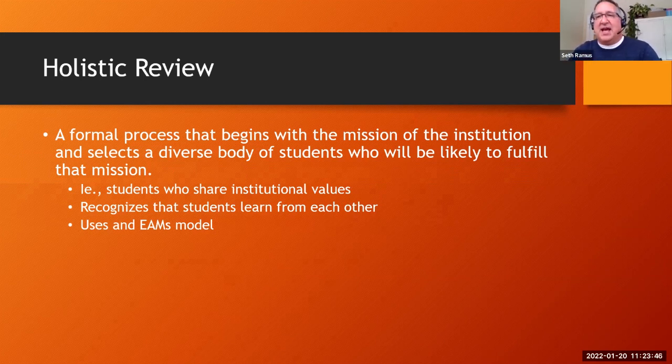And it's different at every institution because it is a formal process that begins with the mission of the institution and selects a diverse body of students who will be likely to fulfill that mission. In other words, they are biasing this towards students who will fulfill the mission of their institution.